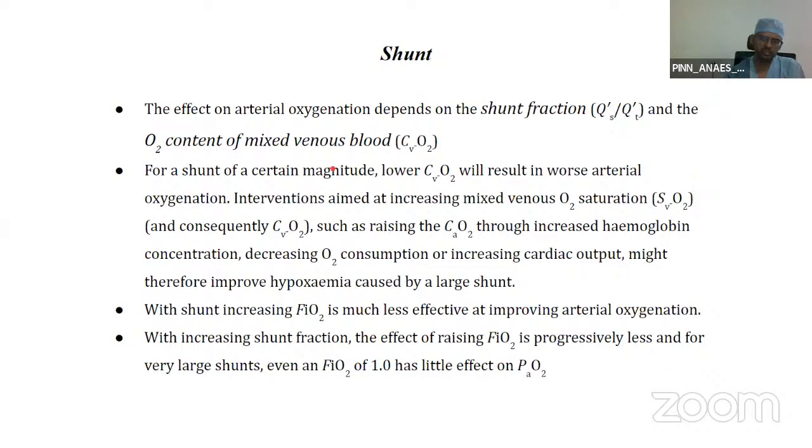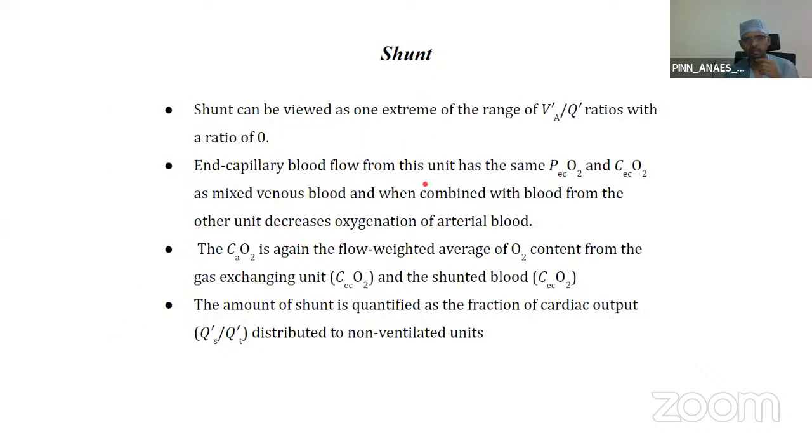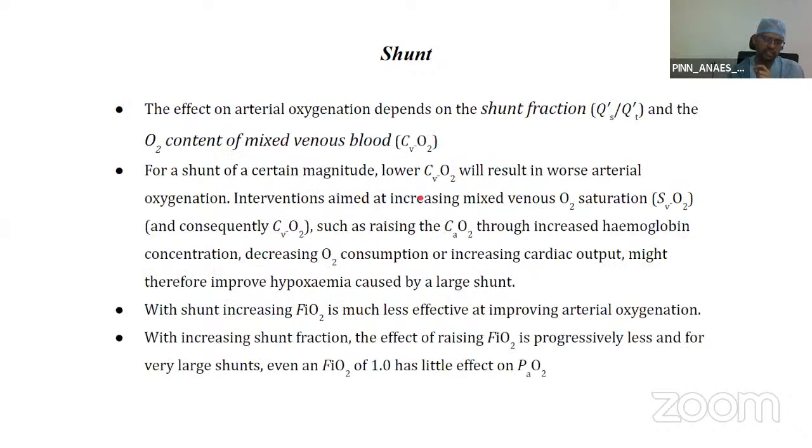So since we know the overall oxygenation is a combination of oxygenation from the well ventilated as well as the poorly ventilated unit, the drop in mixed venous oxygen content further decreases arterial oxygenation. So for a shunt of certain magnitude, lower mixed venous oxygen content will result in worse arterial oxygenation.